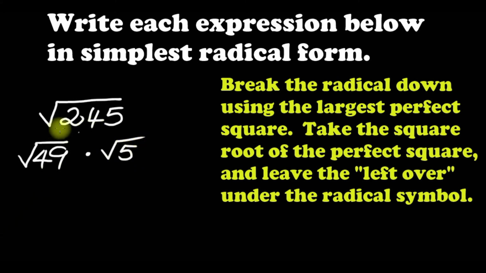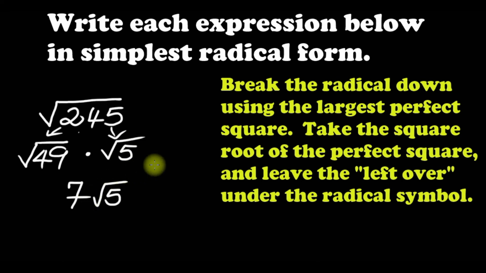See how we broke it up, you guys? So square root of 49 times square root of 5 gives us 245. Now square root of 49 is a perfect square. So when you take the square root of 49, you get 7 times square root of 5. So that's how you break it down into simplest form. Simplify square root of 245, we get 7 times square root of 5.